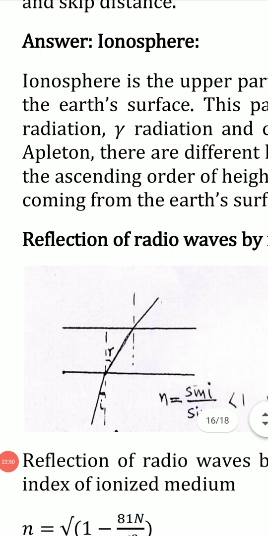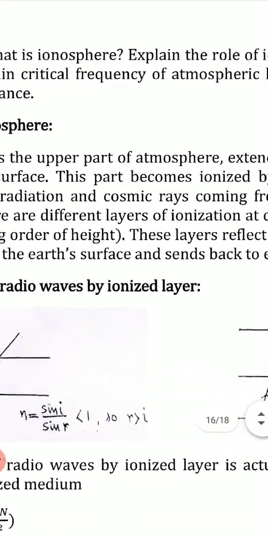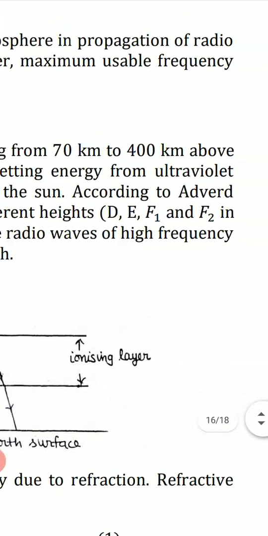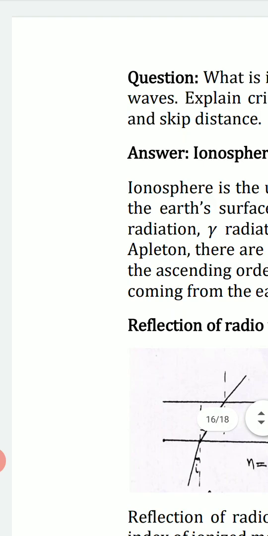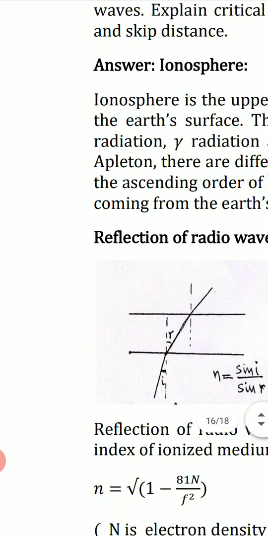Now we will see what is the role of ionosphere in propagation of radio waves. How do these ionized layers of ionosphere reflect the radio waves coming from Earth's surface?